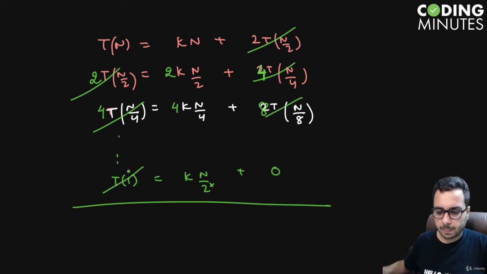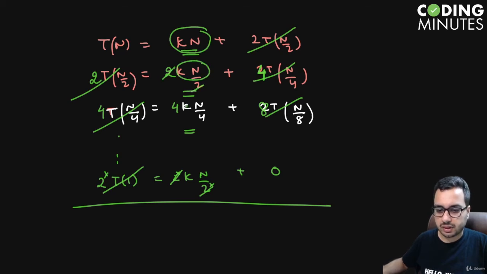What we are left with are terms like kn, kn, kn. We also multiply by 2 raised to the power x, and this will go off. So from every equation you are left with kn: this 2 goes off, you're left with kn, this 4 goes off, you're left with kn.